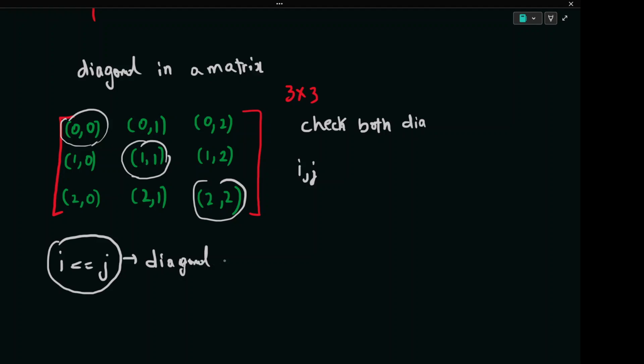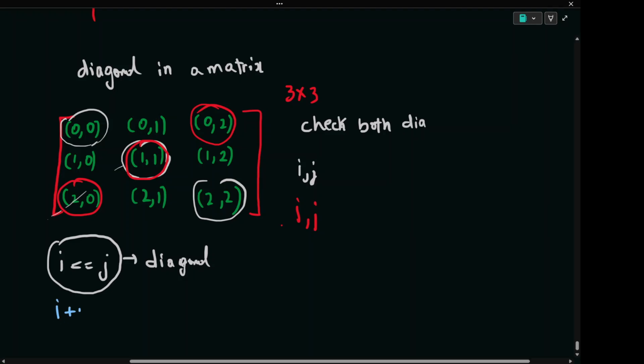And the next part. Now we have to figure out this part right here. Is there any relation in i and j? i plus j equals 2, that is n minus 1. Exactly, excellent. So that is i plus j equal to n minus 1.